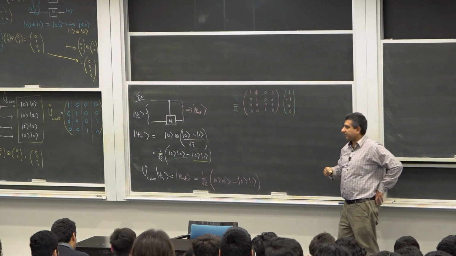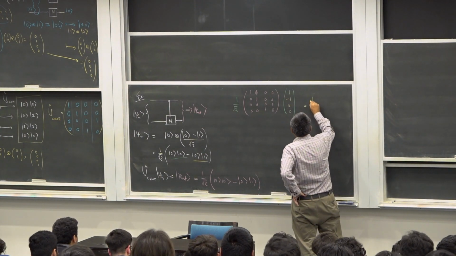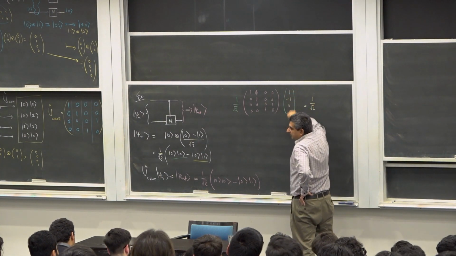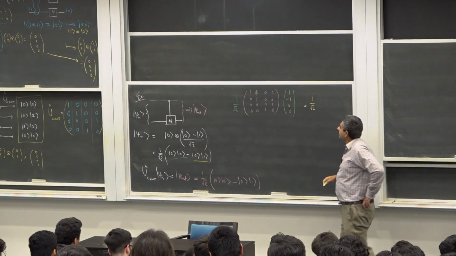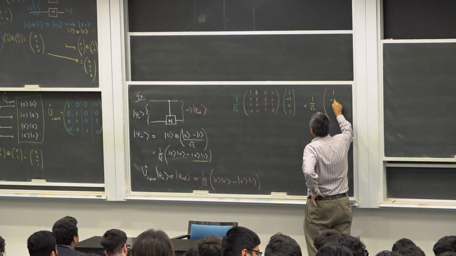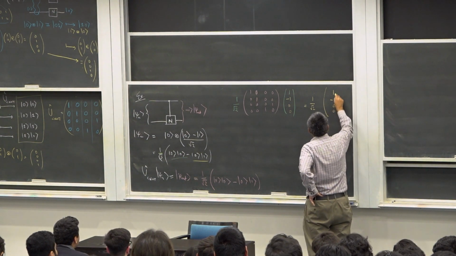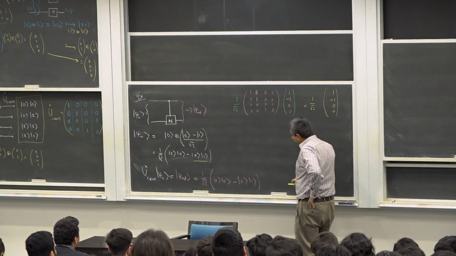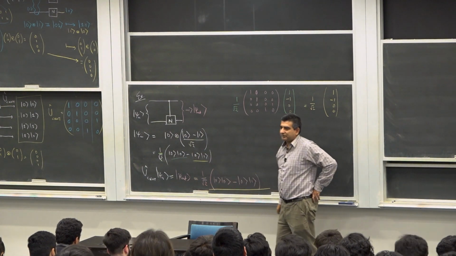This will be my output state. So I do a multiplication of this matrix with this input column vector. I get 1, minus 1, 0, 0. This is just a representation of this quantum state.